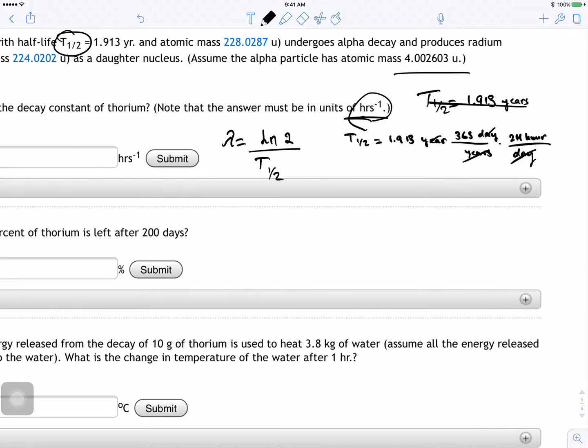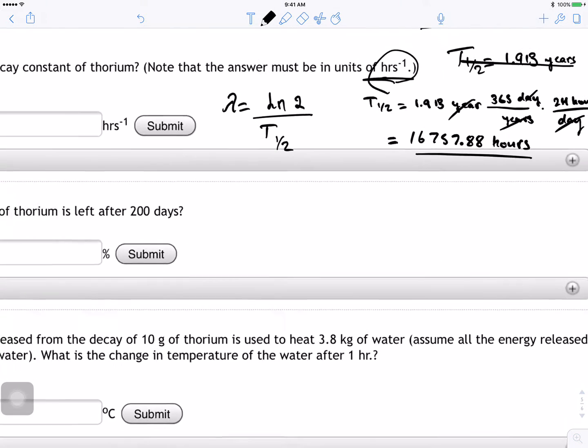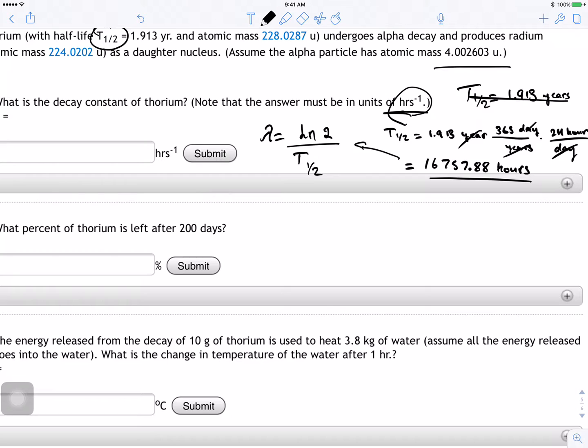The units cancel, and you get an answer of 16757.88 hours. Cool. And then you just plug that in here.